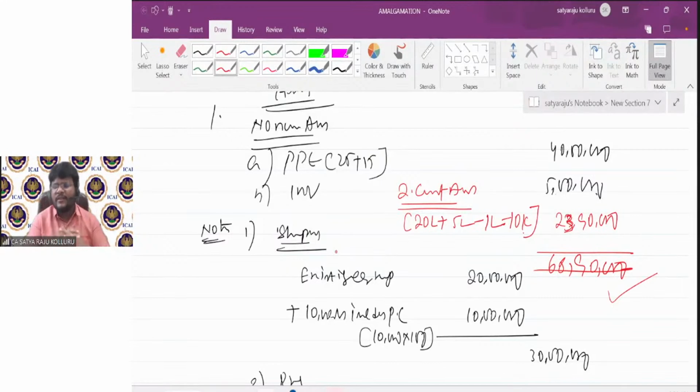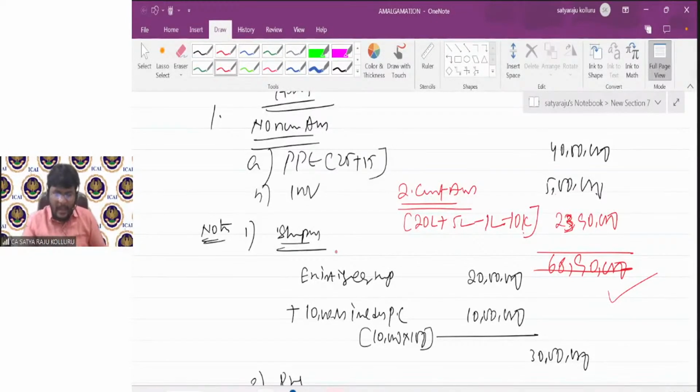It's very easy. Once you understand what really happened and how it is different from the purchase method, that is more than enough, you can easily resolve any problem on the basis of amalgamation in the nature of merger. After completion of theory, let us take 1 to 2 problems based on amalgamation in the nature of merger as well. Then we will check based upon time for the remaining all other problems.